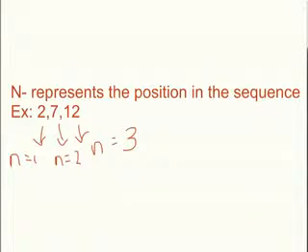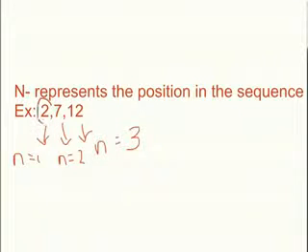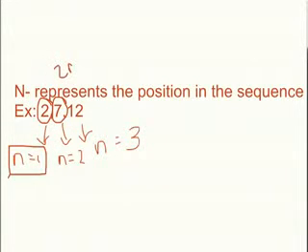So, for example, this first number is in first place, therefore the n for it would be 1. The second number, since it is in second place, my n for it is 2.